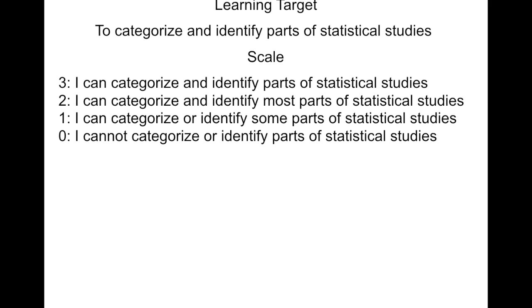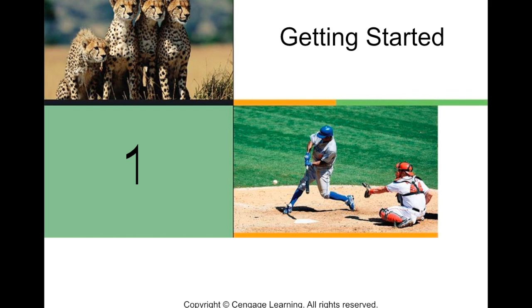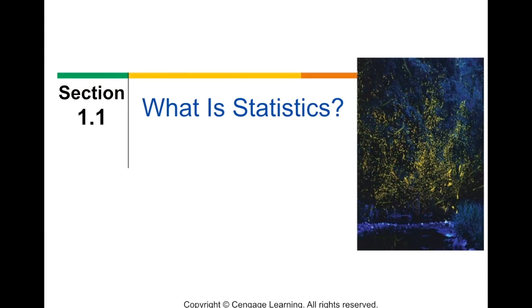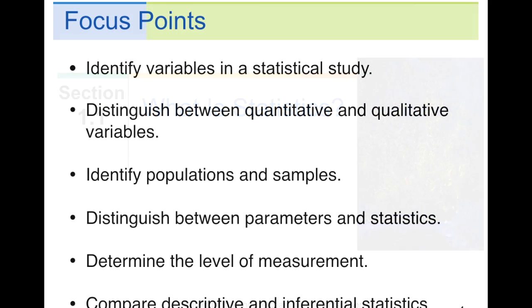Let's get started. Chapter 1, Getting Started. Section 1.1, What is Statistics? So for this section, here are some focus points. We're going to identify variables in a statistical study. So if you're given a study, what are the variables?